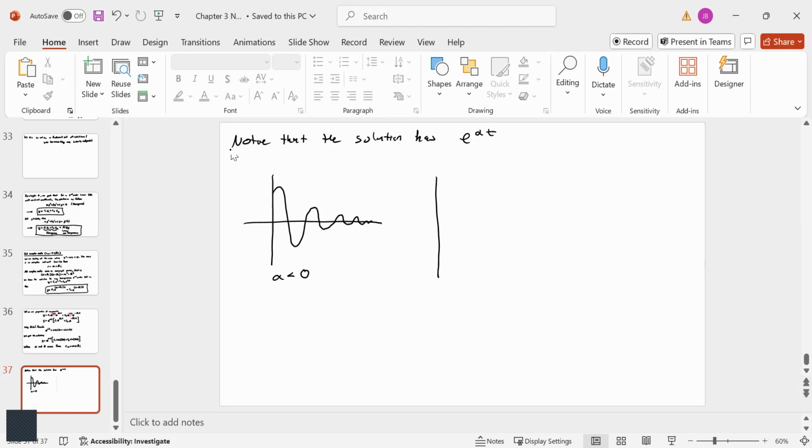If alpha is positive, then we're adding energy to the system and it's just getting bigger and bigger. So basically, the spring is bouncing back and forth, getting faster and faster. And if this is like a building, eventually the building collapses, right? Because it breaks apart. Too much energy.